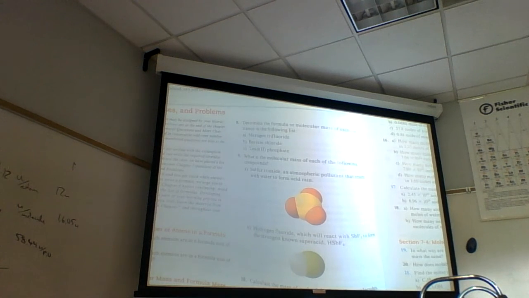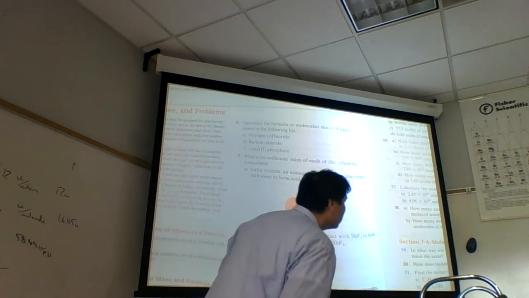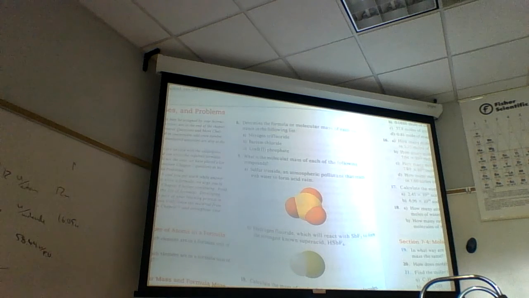But barium chloride, BaCl2, right? So we look up barium. What is barium? And then 2 chlorines. So barium is 137.33. Chlorine is 2 times 35.45, so 2 chlorines is 70.90.